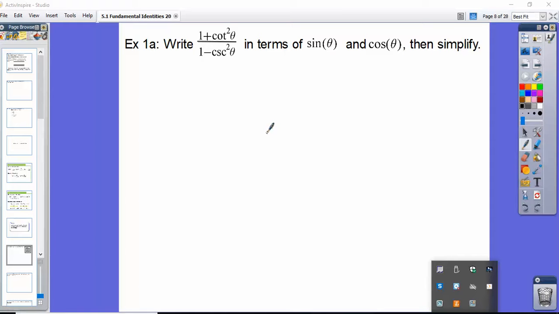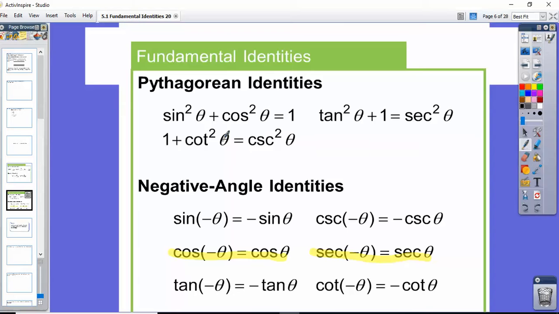So if I were trying to do this problem, there are a couple different options. You might recognize, 1 plus cotangent squared is cosecant squared. 1 minus cosecant squared wasn't one of our identities, but you could get it from one. Keep in mind when I have identities like this isn't necessarily the only way you're going to see it.